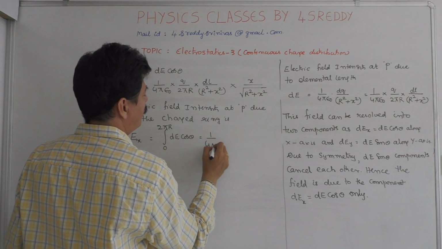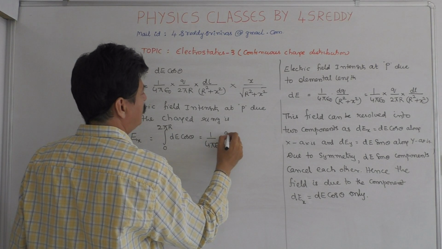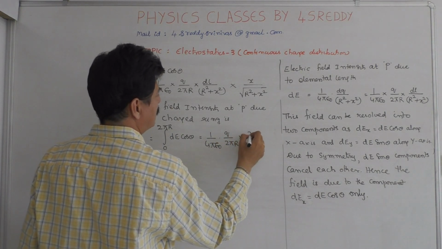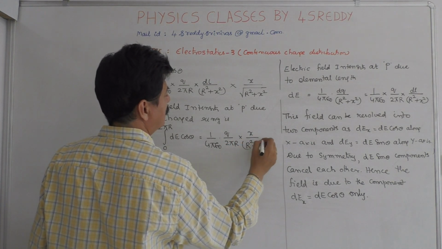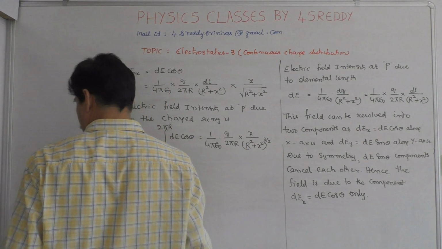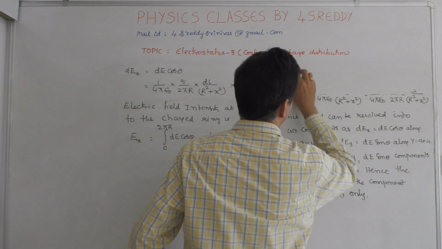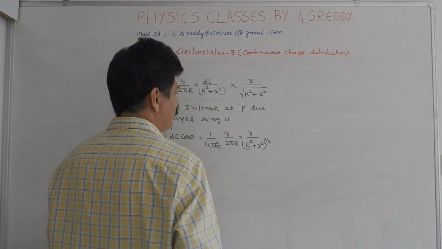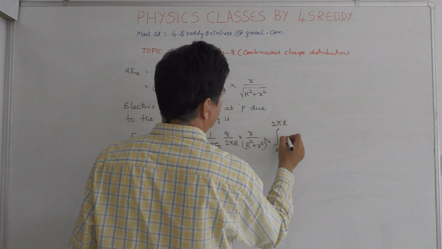Therefore 1 by 4 pi epsilon naught into q by 2 pi R into x by r square plus x square whole power 3 by 2. This whole thing is taken out as common, and then integral 0 to 2 pi R of dl.